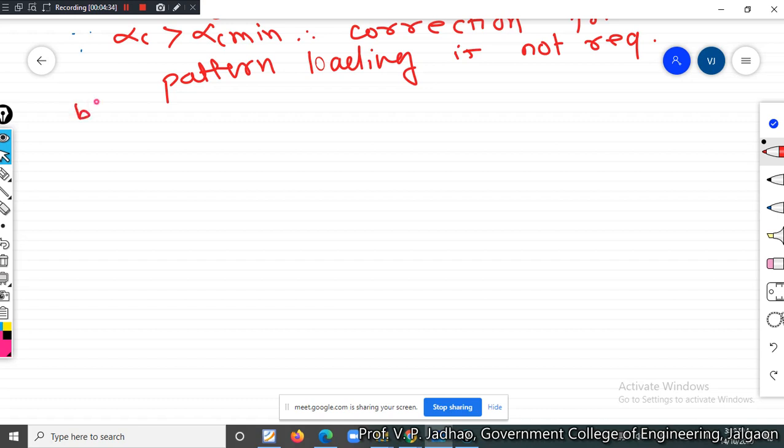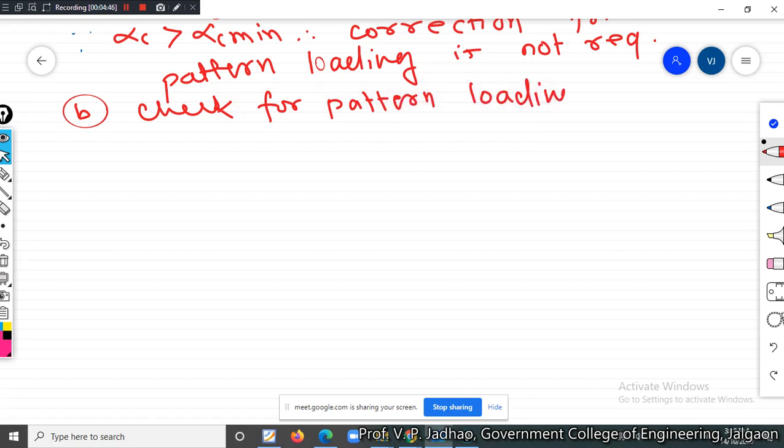Now let us consider for the same step, check for pattern loading along the shorter span.